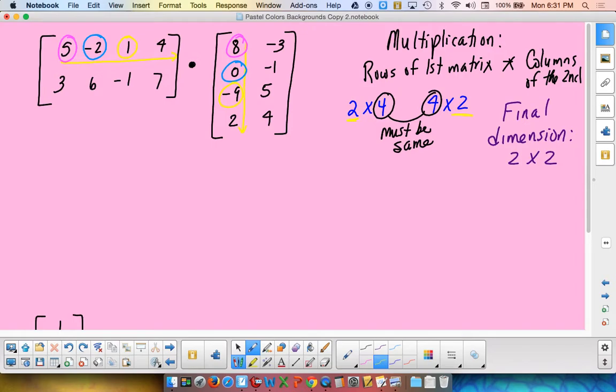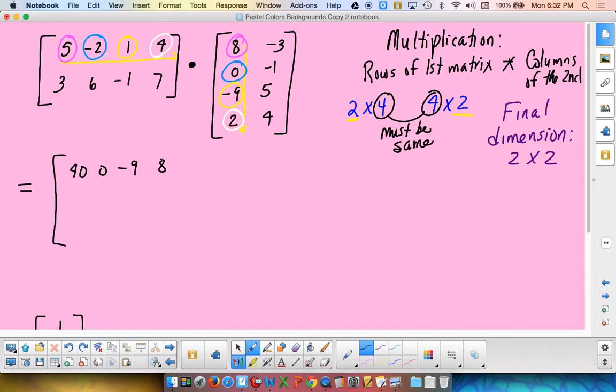And lastly, you take the fourth number in the row times the fourth number in the column. Okay, you multiply those corresponding terms. So we're going to do that here. First numbers made 40. Second numbers would be 0. The yellow numbers would be -9. And the white numbers would be 8.